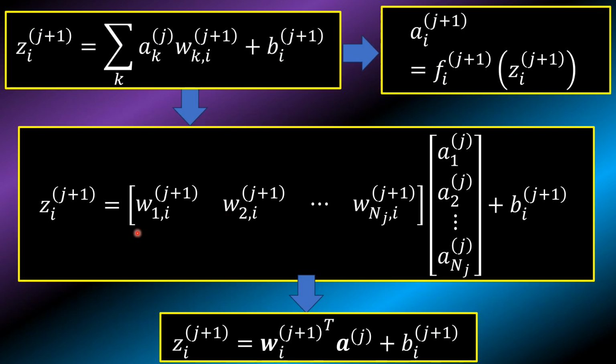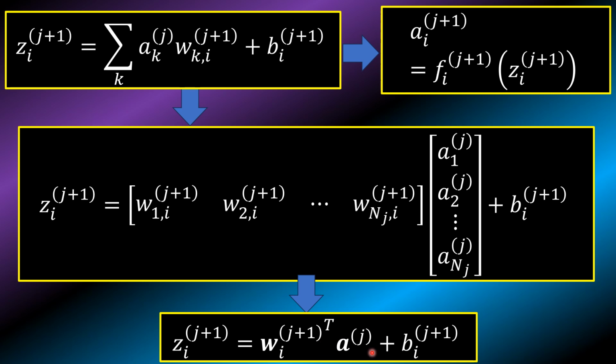Once again, we can represent the Z sub i signal of the J plus 1th layer in matrix form, or vector form, or the dot product. You have W sub i J plus 1 transpose times the activation functions of the jth layer, right?